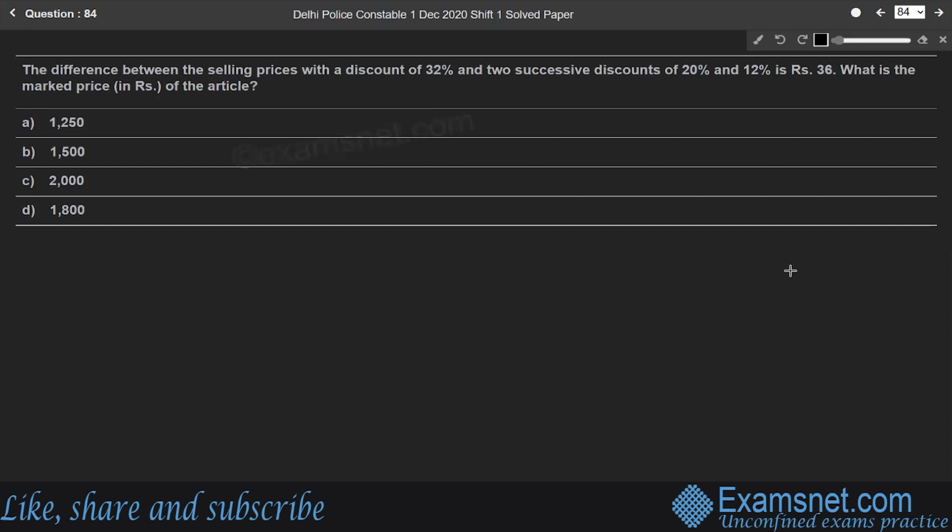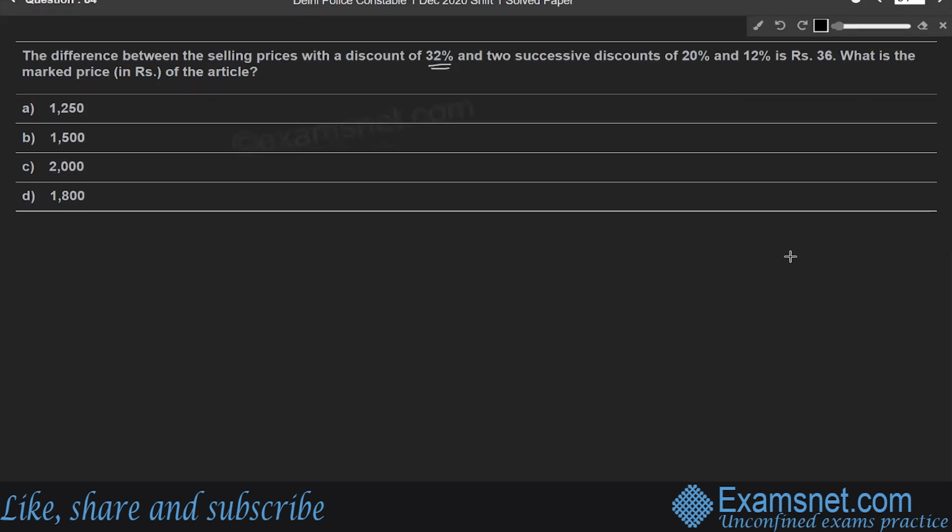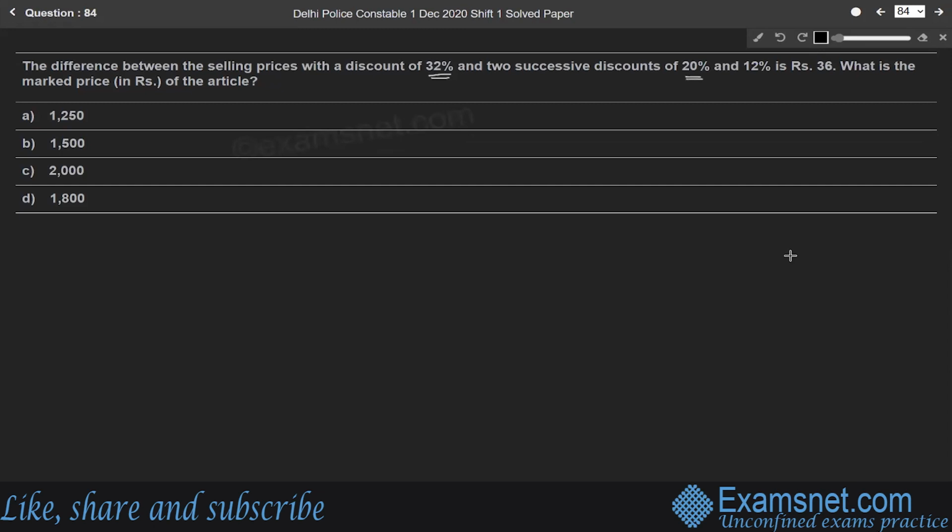Question 84. The difference between the selling prices with a discount of 32% and two successive discounts of 20% and 12% is rupees 36. What is the marked price of the article? Here there are two cases. In one case, two successive discounts are given, so we have to find the successive discount, then the selling price.